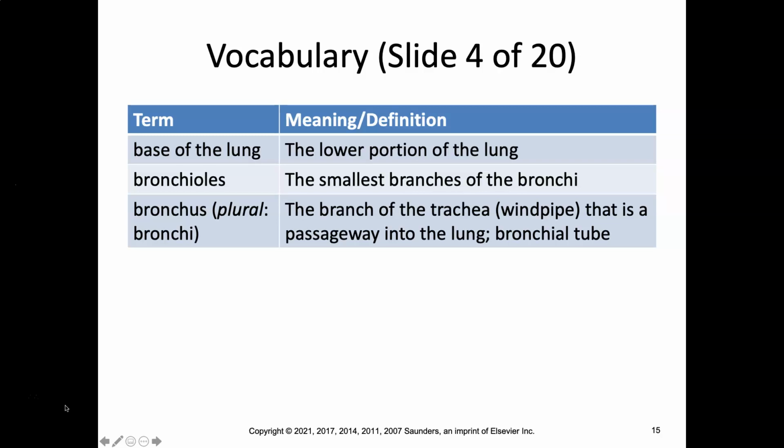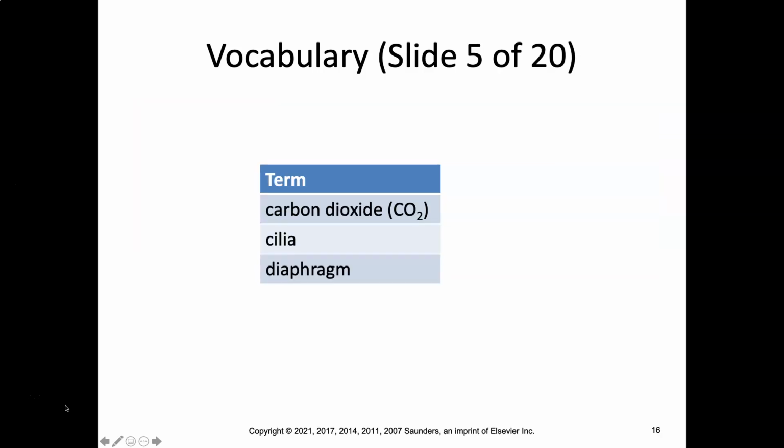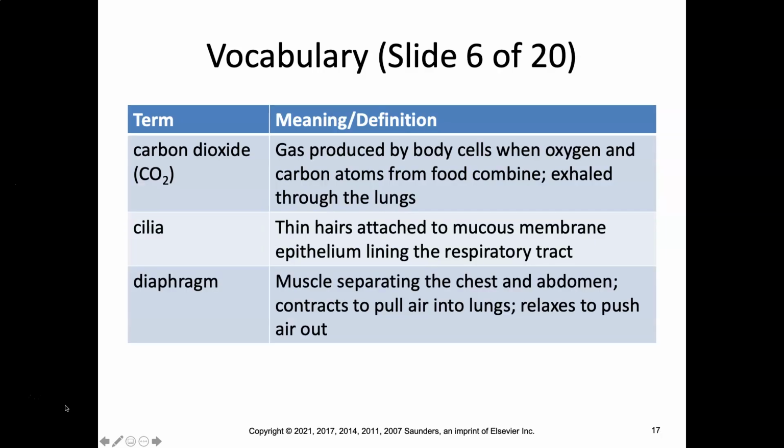And again, bronchus and bronchi, good old Latin again. That US is singular, the I is plural. And we talked about carbon dioxide, CO2. Your diaphragm is a muscle that separates your chest and abdomen, and it contracts to pull air into the lungs, and then it relaxes to push that air out.